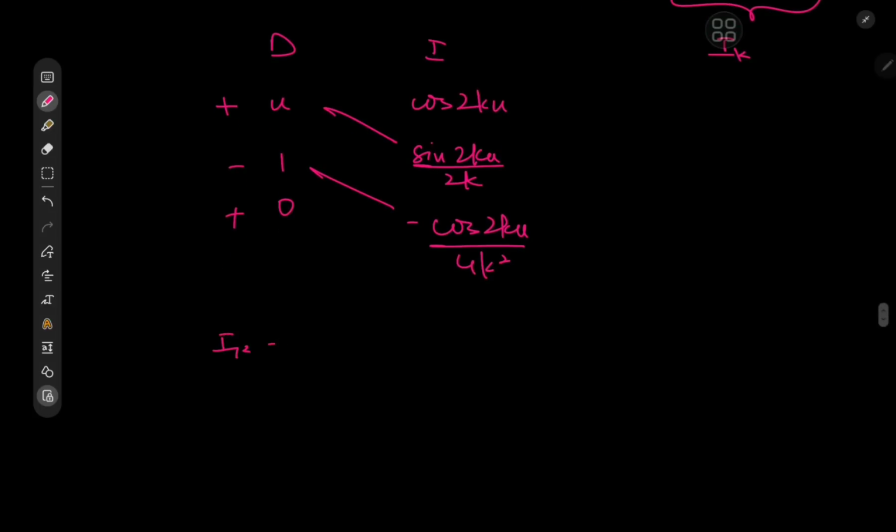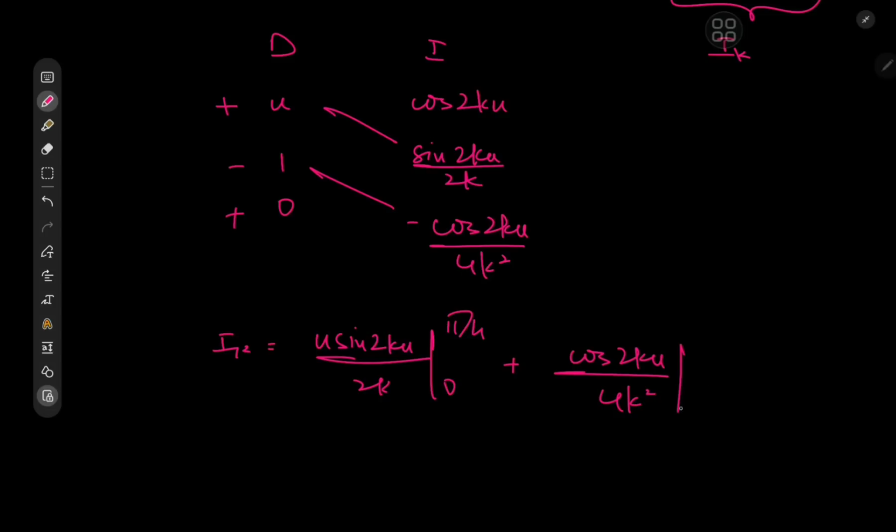So that means I sub k equals u times the sine of 2ku divided by 2k, limits being 0 and pi by 4. Then we have a positive sign, and cosine 2ku divided by 4k squared, limits being 0 and pi by 4.